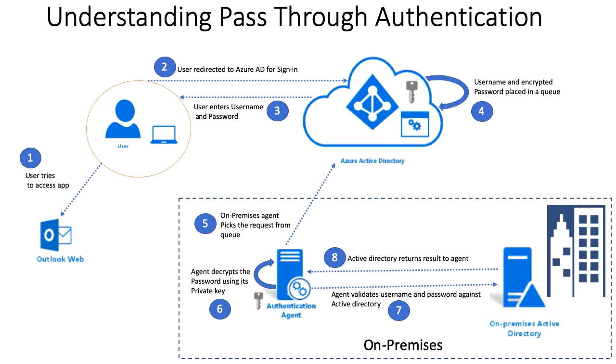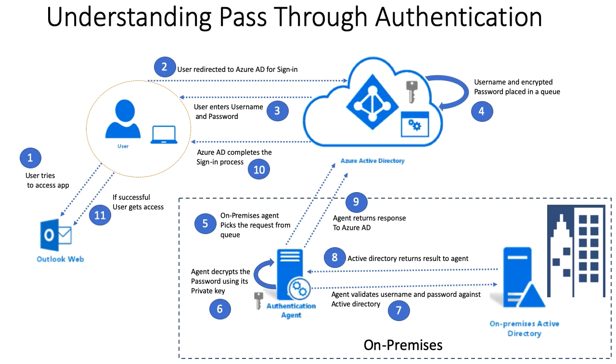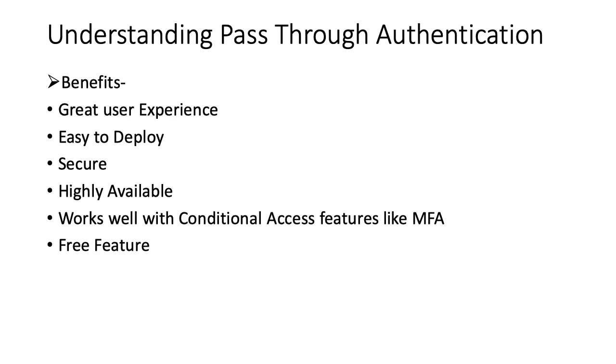Then the authentication agent will return this status back to Azure Active Directory. Azure Active Directory will then return this status back to the user. So if the user is successfully authenticated, the user will be able to access the web app. So this is how PTA works.